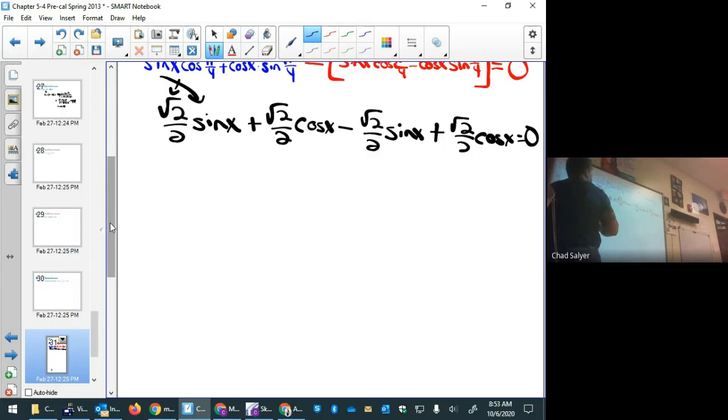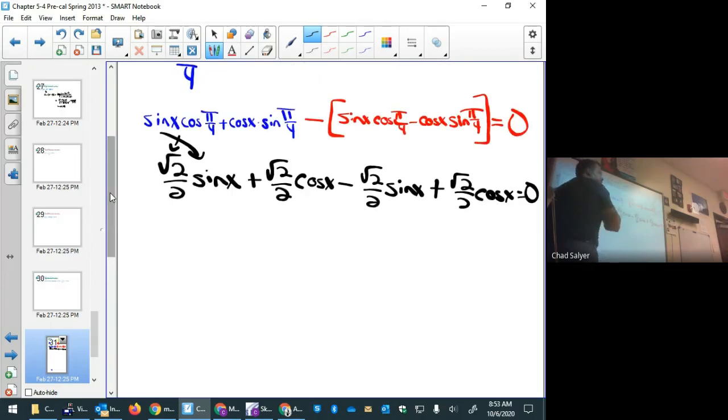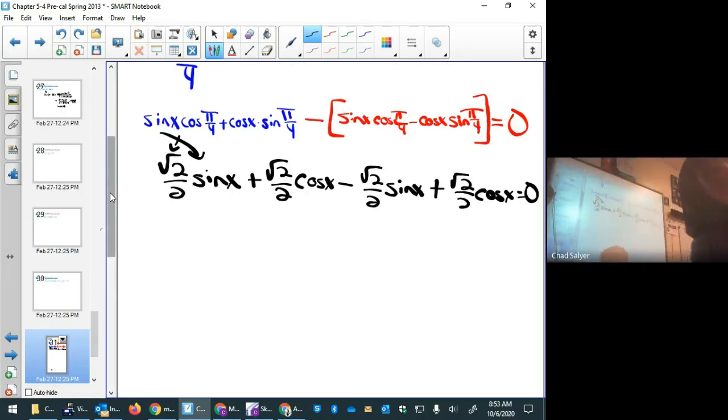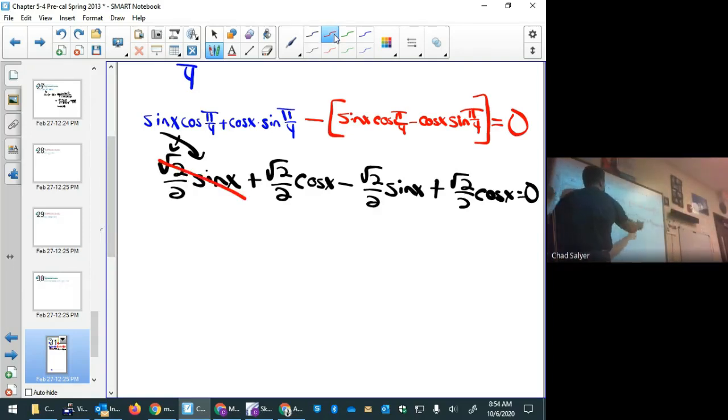So some stuff cancels here. Tell me what cancels. The radical 2 over 2 sine x and negative radical 2 over 2 sine x. Excellent. These two terms cancel each other out.